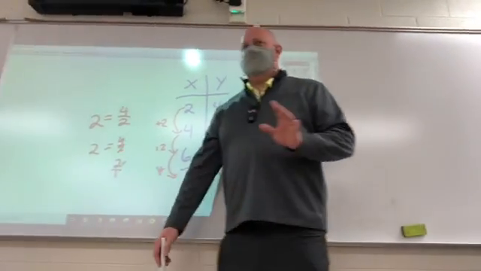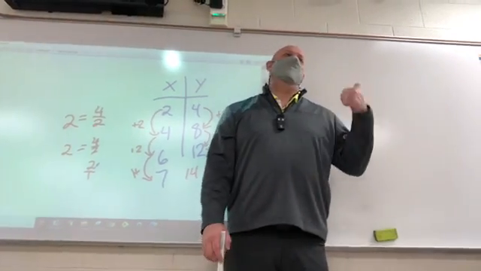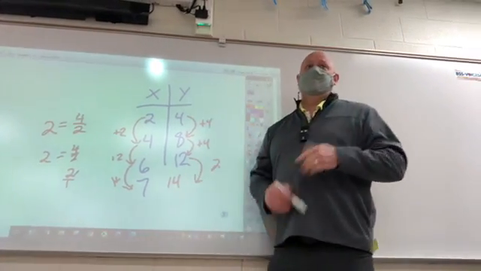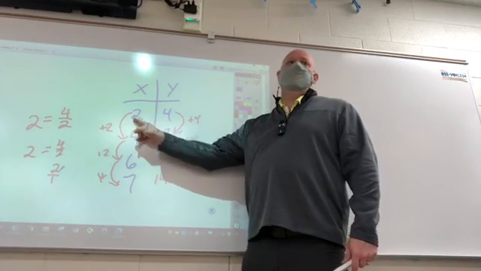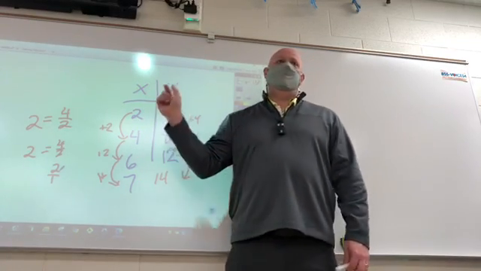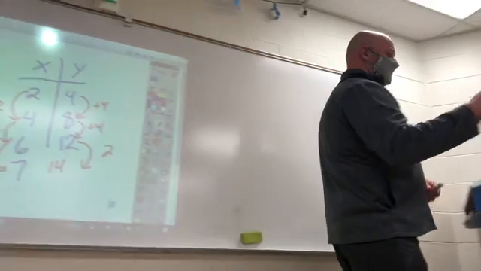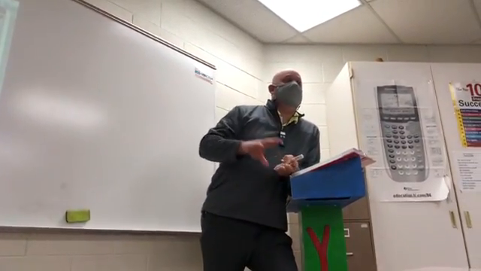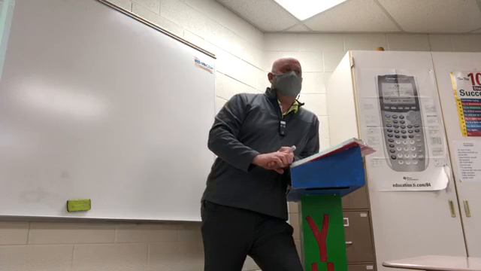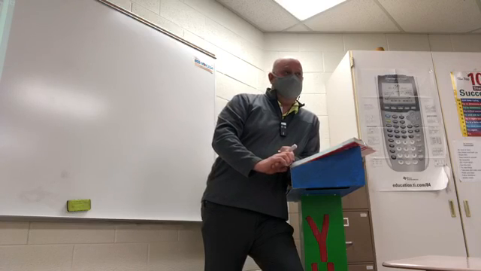Does that make sense? That makes it linear. What makes it a function in table form? Yeah, every input has to have a different output, right? Are we good with those? So that's section 1. Be able to recognize in graph form, equation form, and table form. Are we good with those?